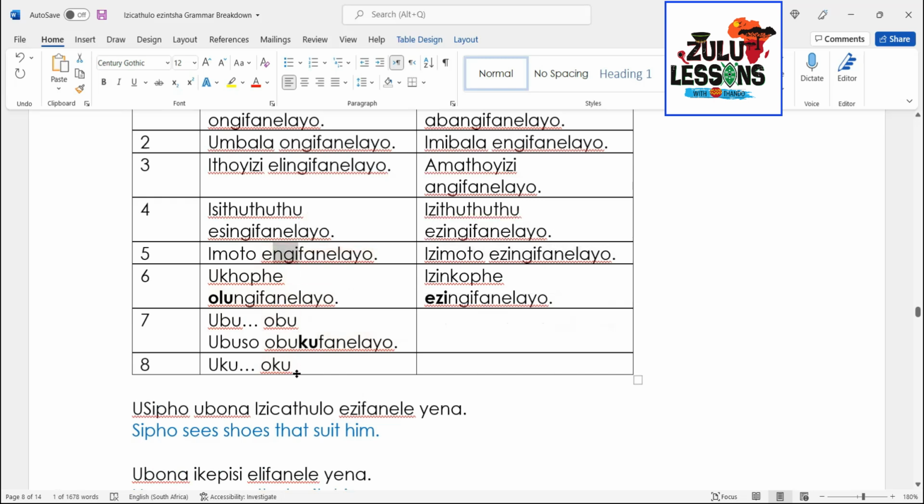So that suits me, engi, angi, elingi, ongi, ezingi, olungi. You see, now we are talking about you. Obukufanelayo. Ubuso, obukufanelayo. A face that suits you. What a silly sentence, but anyway, you get the point.